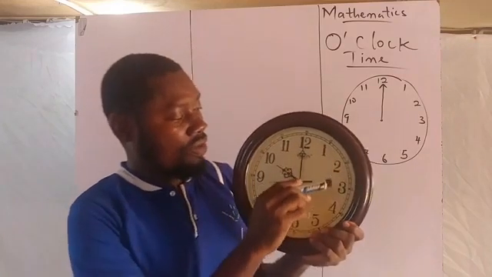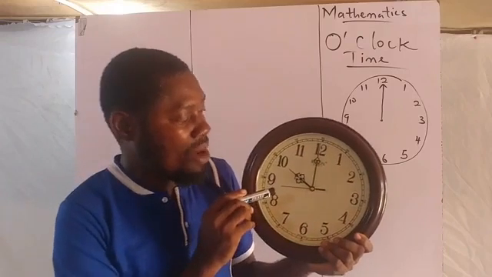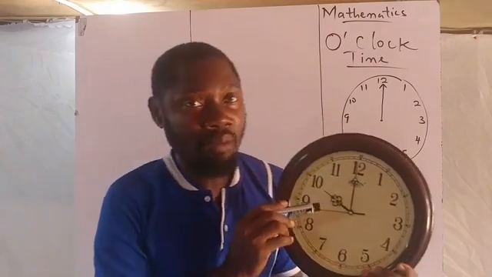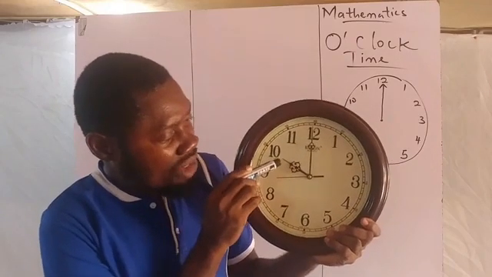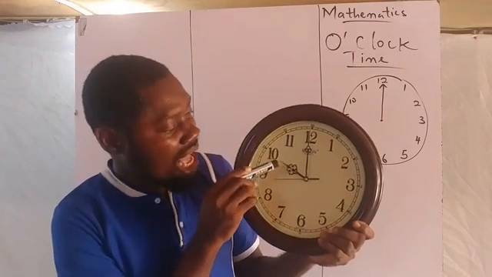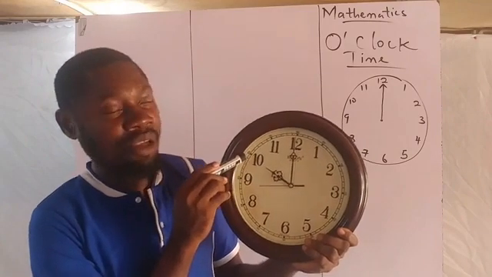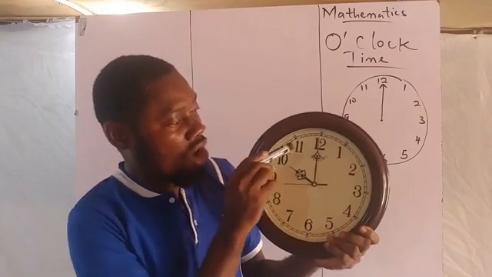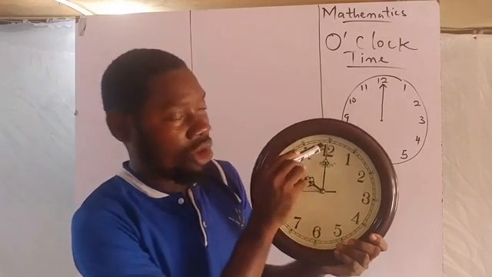So for you to read this time perfectly, you call the number that the hour hand is facing. The hour hand here is facing 10. So you call the number first before the o'clock time.